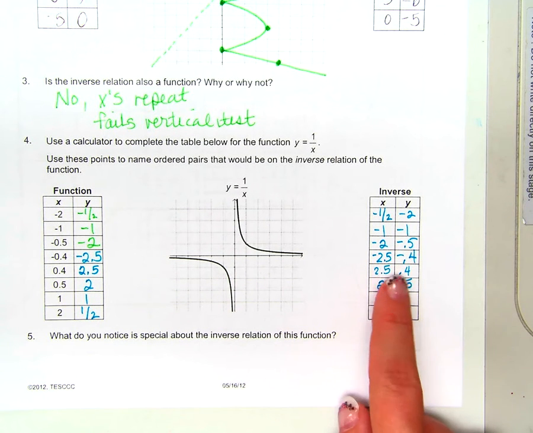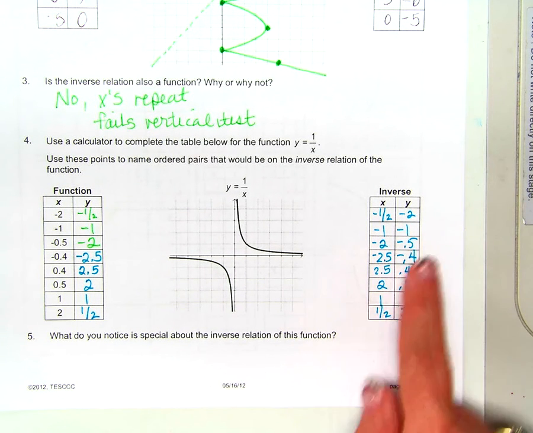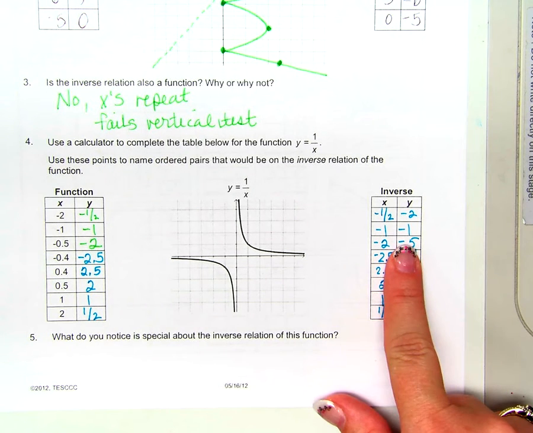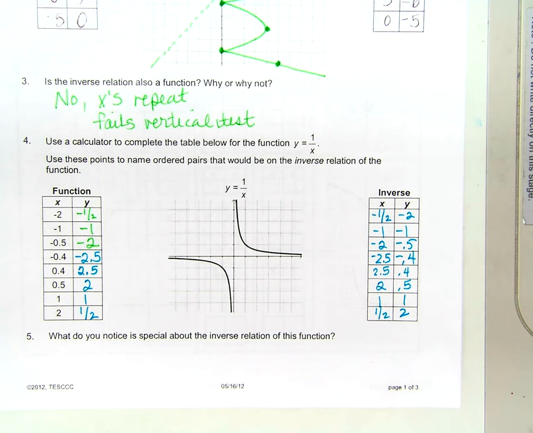Now we need to graph the inverse. Plot these points on this graph, the inverse points.